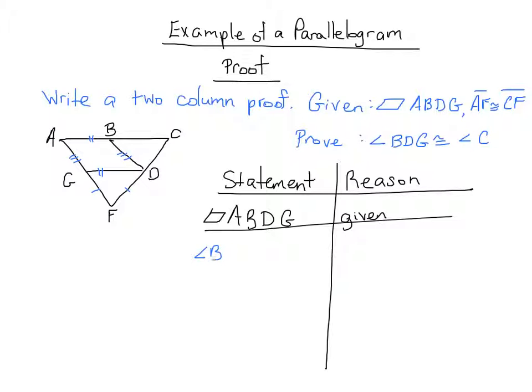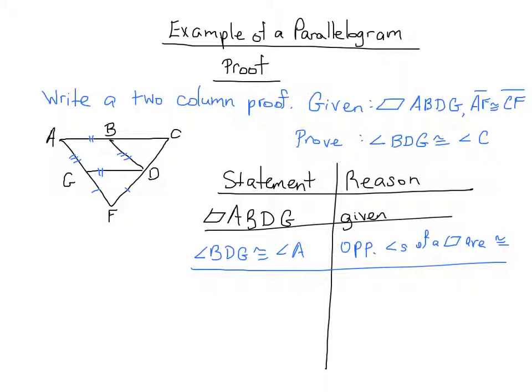Angle BDG is going to be congruent to angle A. And again, we know that because the opposite angles, so we'll write it down for short, opposite angles of a parallelogram are congruent. And as you can see, I'm writing the shortcut here, and you can do that too as long as it's clear. All right, so we're going to actually mark those in so we remember that we've done that. So those two angles are congruent to each other.